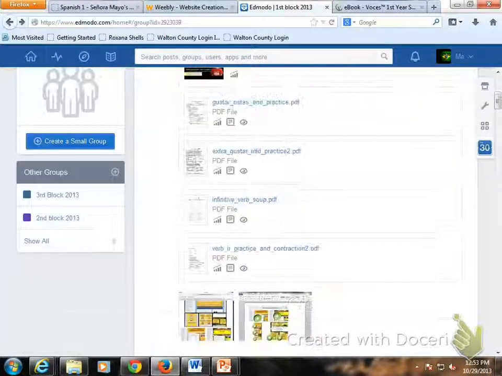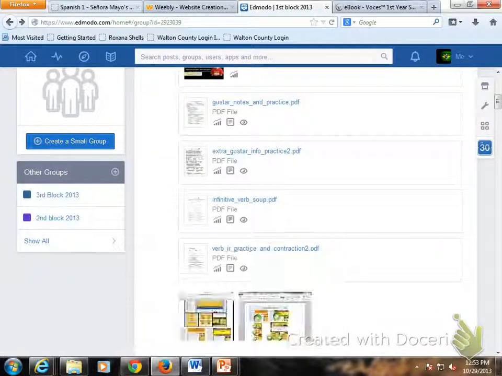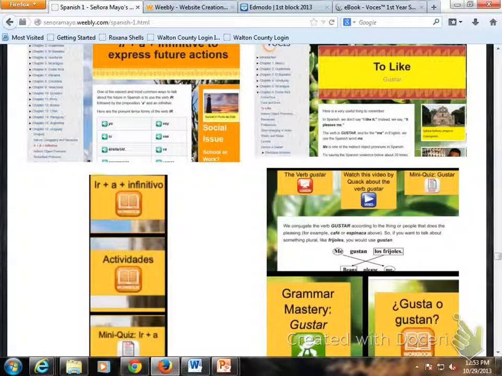And then also I put a graphic on here, which you can also find on my website, for extra exercises on the Voces website for the verb to like, and then extra exercises for the verb to go. And remember that tomorrow's quiz is going to be ir, to go, estar, to be, and dar, to give, along with the verb gustar, to like. Questions?